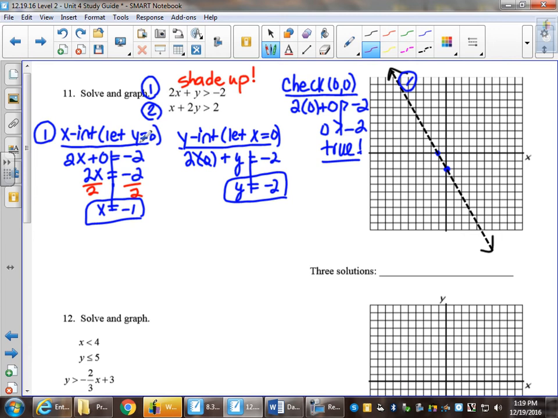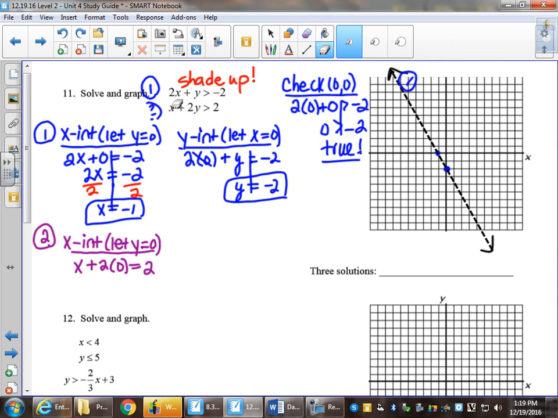Let's do the work for number 2, line 2. X-intercept. Let y equal 0. So x plus 2 times 0 equals 2. I'm pulling the second equation. I'll make that one purple to match. So x plus 2 times 0 equals 2. Right away, we get x equals 2.